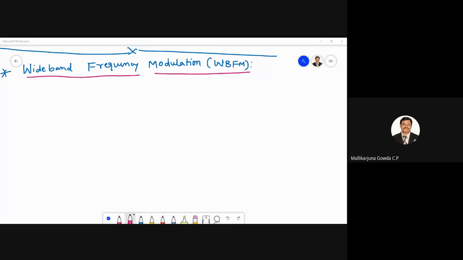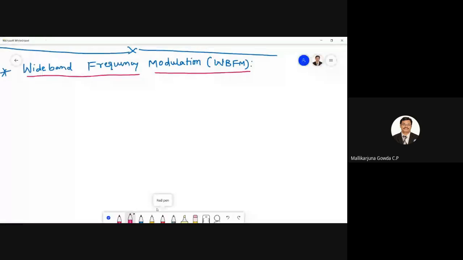Yes, Abhishek Reddy. Can you tell me the expression for FM when we consider m of t is a sinusoidal signal? I said when m of t is a sinusoidal signal, that is m of t is equal to Am cosine of 2 pi fm t.